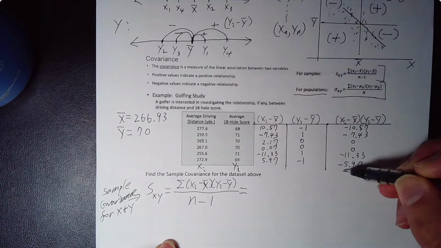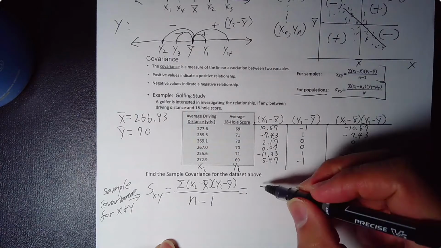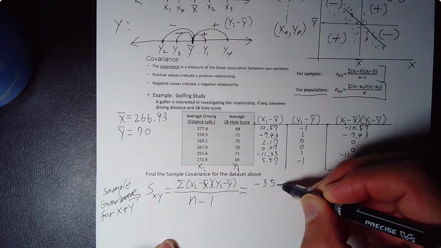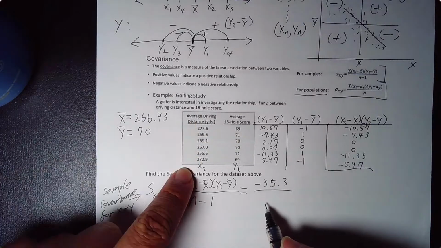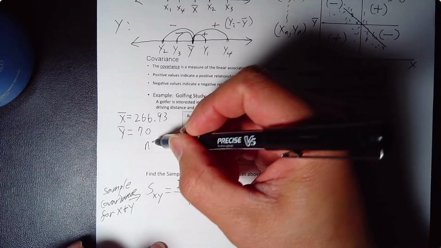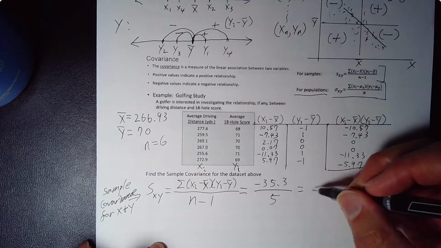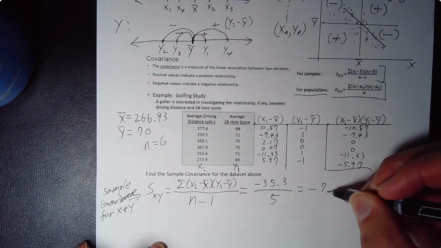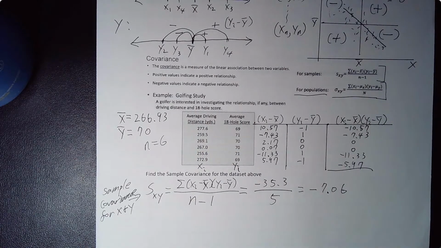So you go ahead and sum up the last column here. If you did that correctly, you should get this. Now my sample has 6 games, so n equals 6, then n minus 1 will give me 5. And so my covariance is negative 7.06. That's it.